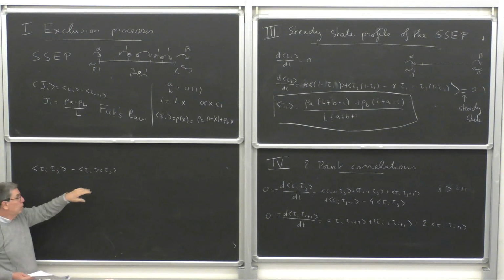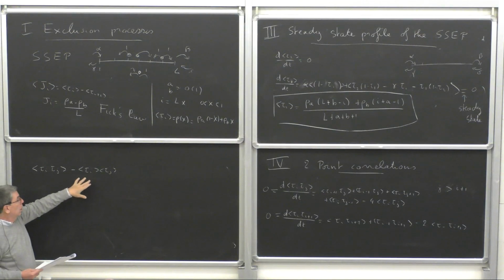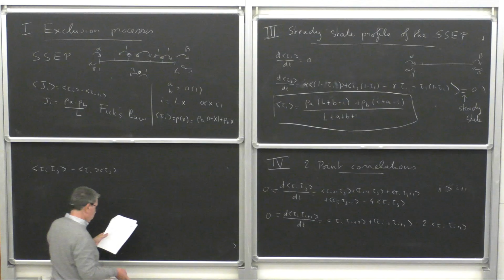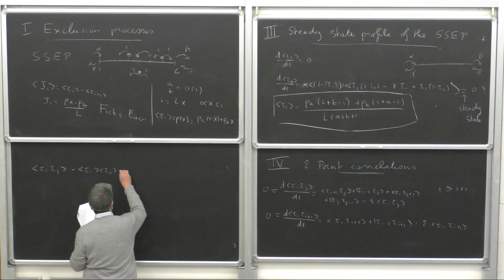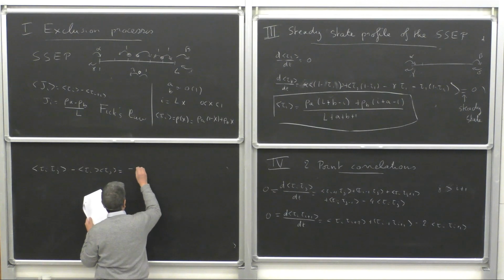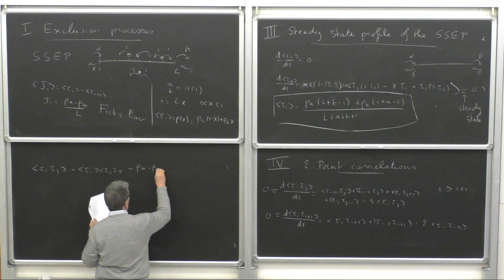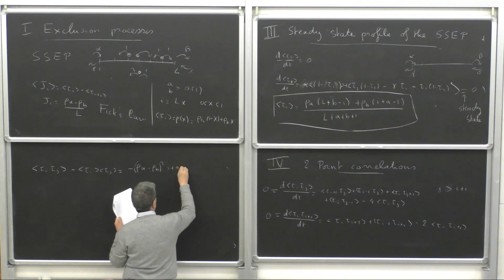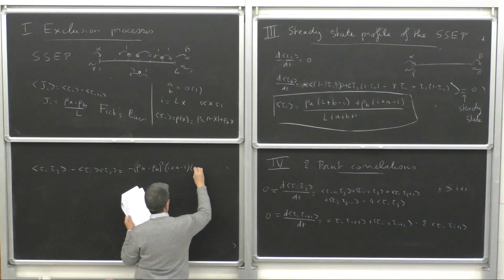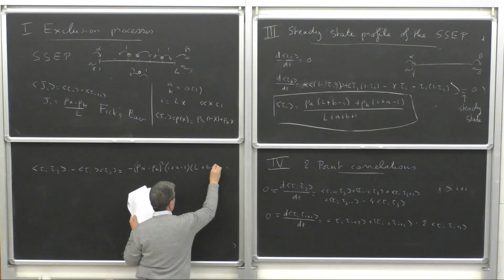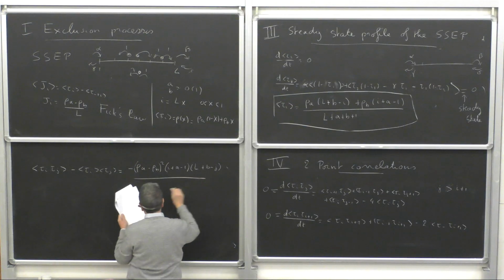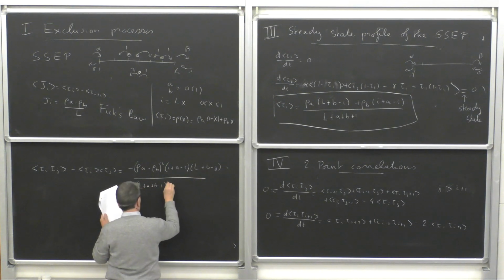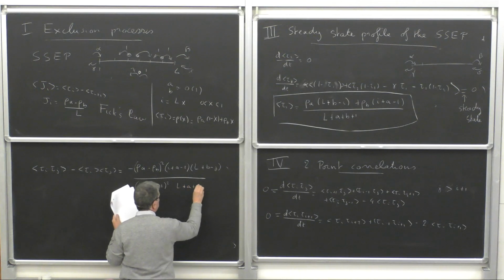So in fact, this is really the correlation. And these terms we already have, so you do that, and you get the following: minus rho A minus rho B squared times I plus A minus 1. Okay, this is L plus B minus J, and divided by L plus A plus B minus 1 squared, L plus A plus B minus 2.